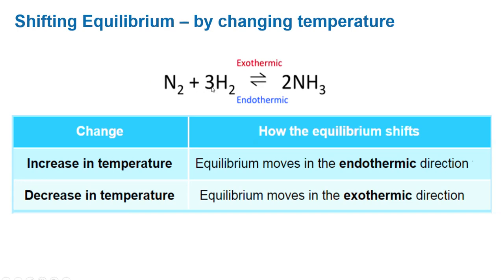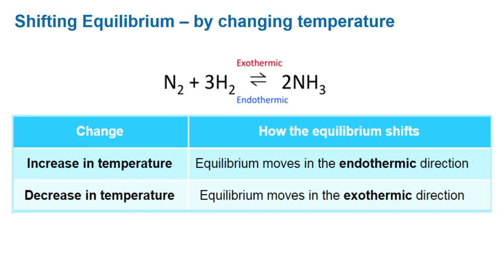What happens when we lower the temperature? A decrease in temperature favors the forward reaction. That is, more nitrogen and hydrogen combine to form more ammonia, giving out heat. But if the temperature is too low, the reaction takes too long to reach equilibrium.